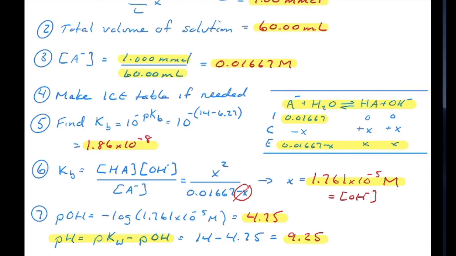Again, this makes some sense. We started with an initial pH of 3.98, and then our next step, we had a pH of a little bit over 5, and now at our equivalence point, we have a pH of 9.25. We know the pH has to be greater than 7 because that's what we predicted based on the reactions that are happening during this titration, so this makes some sense.